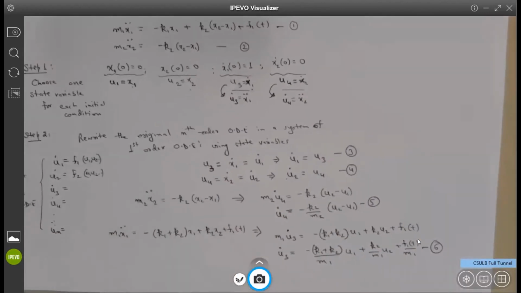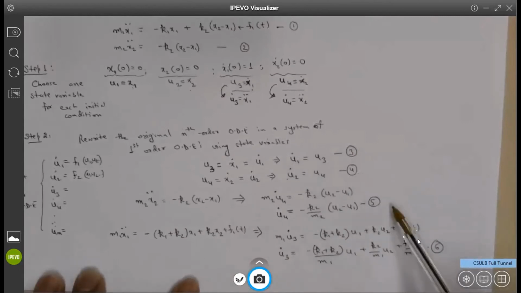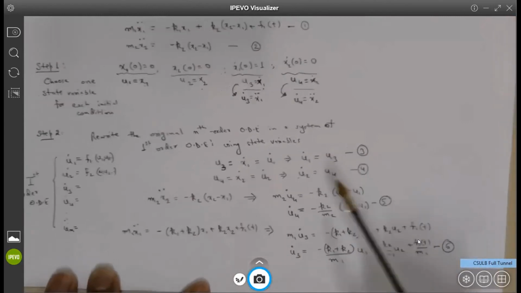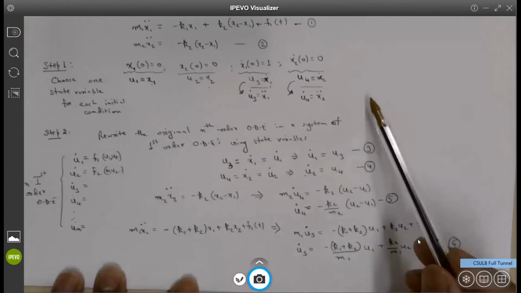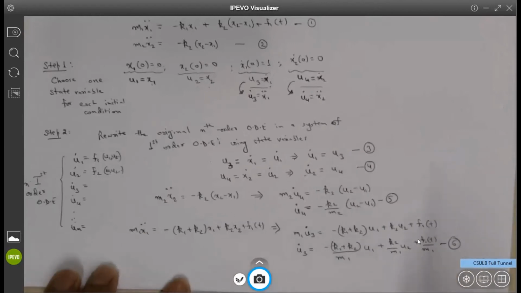Once you finish writing, let me know and I will try to explain. And those of you who have already understood what we are doing, I would ask you to write these 3, 4, 5, and 6 in matrix form. Matrix form means you have U dots on the left-hand side and all the other things on the right-hand side. So write it in matrix form and we will see whether it matches with what we are doing. And those of you who are writing, once you finish, let me know, please.